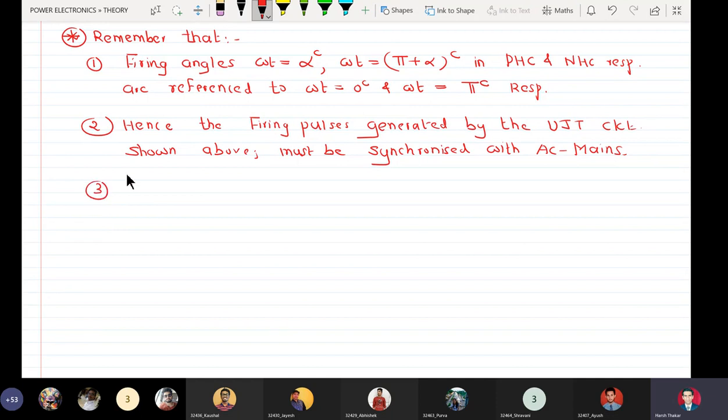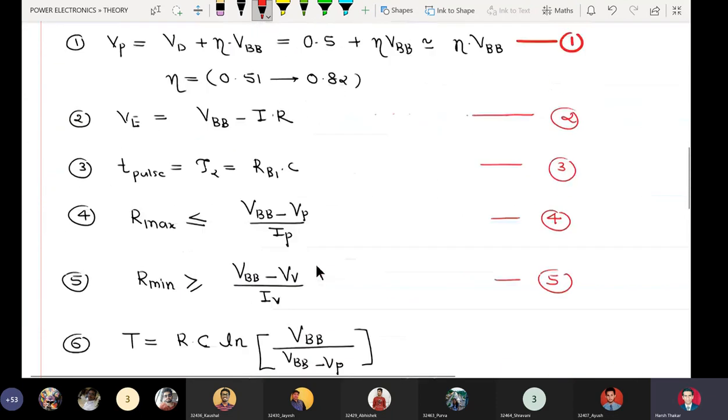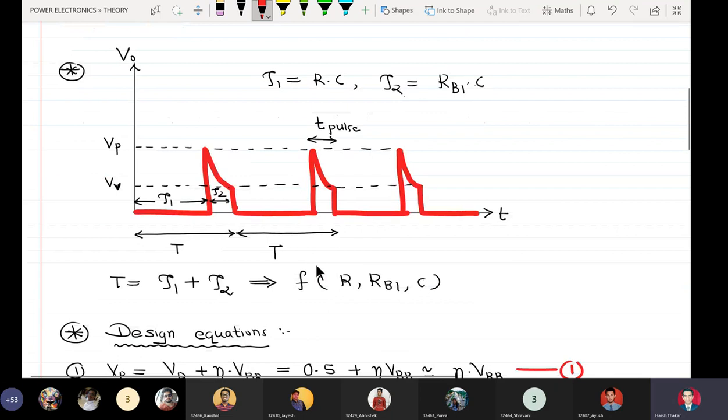Third thing, if you observe this entire waveform you see here, it has one more higher reference, that is the biasing voltage VBB. So the capacitor is charging from 0 towards VBB, encountering the peak point voltage, and again it is discharging towards ground and encountering another level, the valley point voltage.